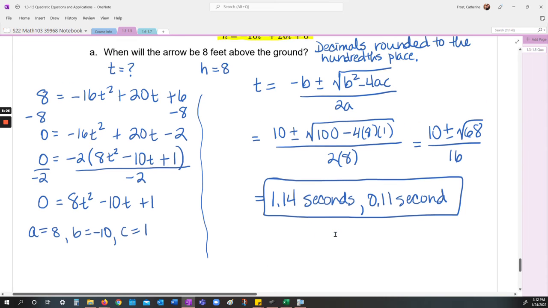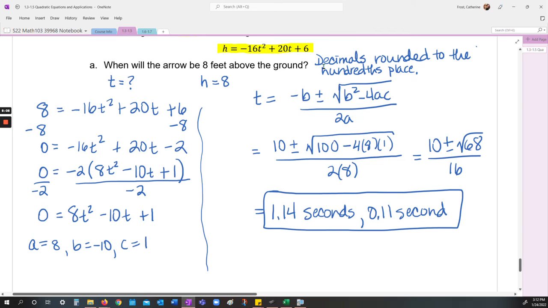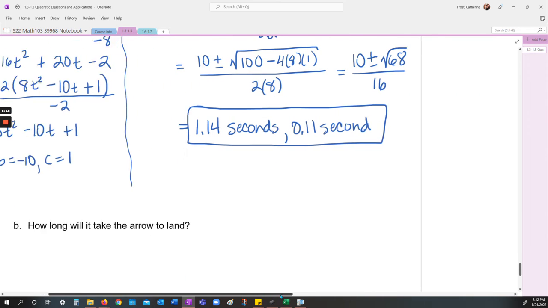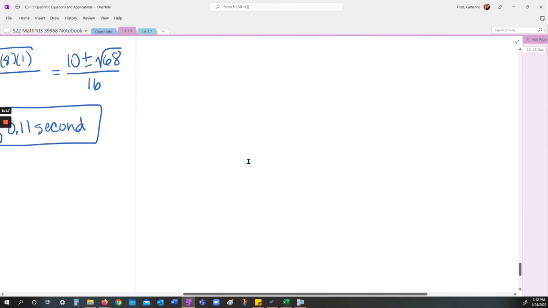And that's a possibility. So what's going on with this particular equation is it's showing that our arrow is going up and then coming down. So see if I can kind of draw this to scale. This is supposed to be an H axis and a T axis.